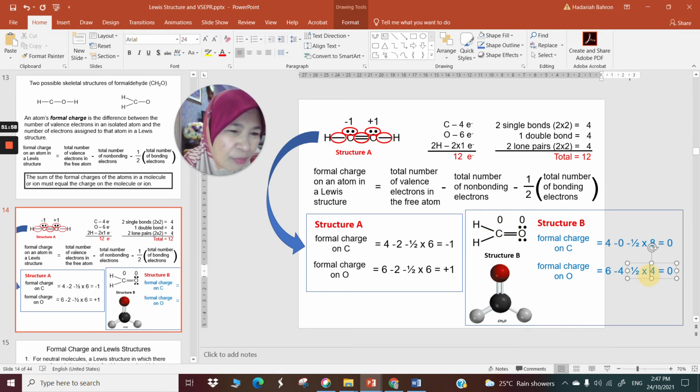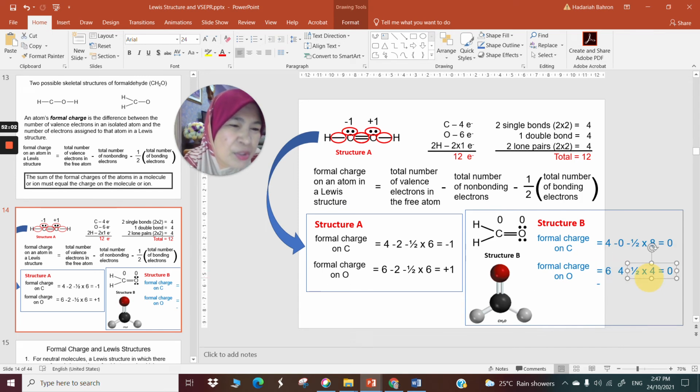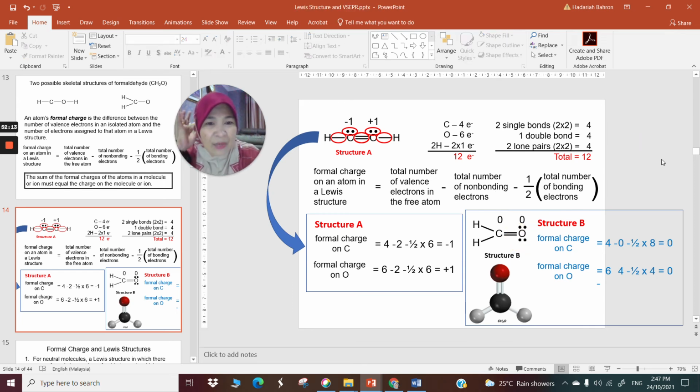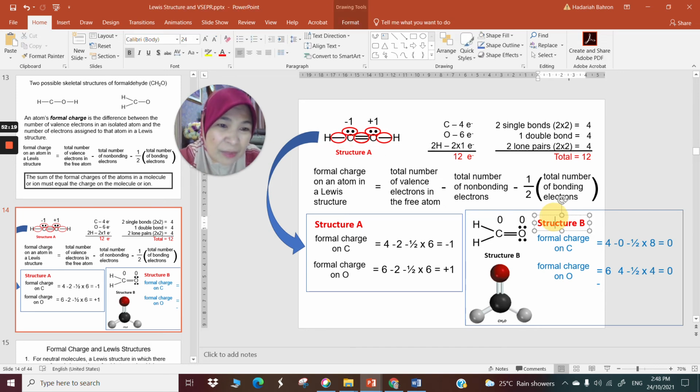So half of 4. So 6 minus 4 is 2, 2 minus 2 is 0. So in this situation, you have carbon having formal charge of 0 and your oxygen also having formal charge of 0. So now you have to consider these two situations. Which one is better, structure A or structure B?